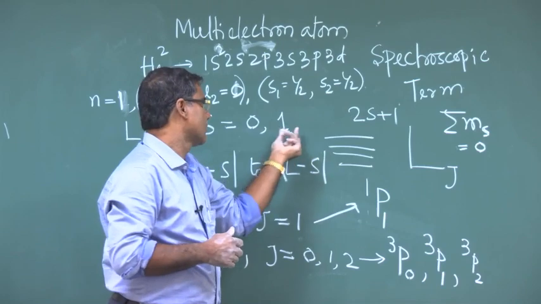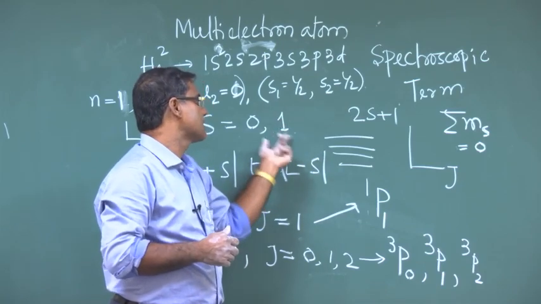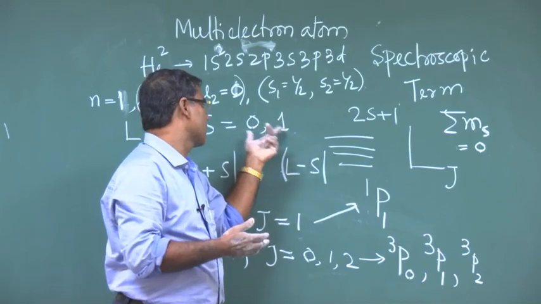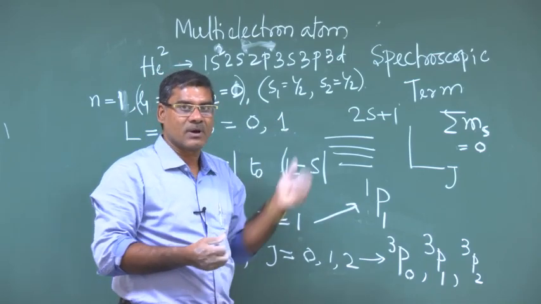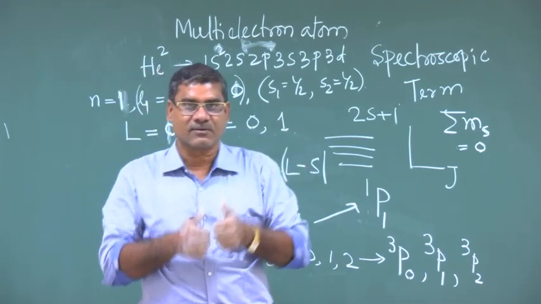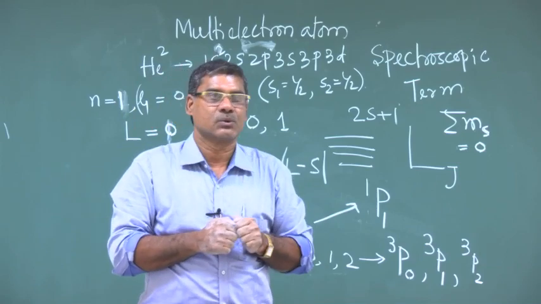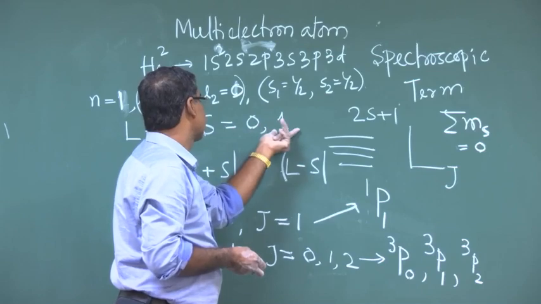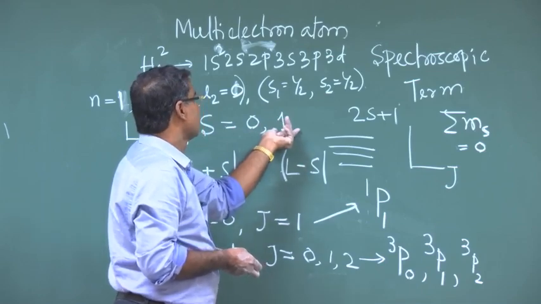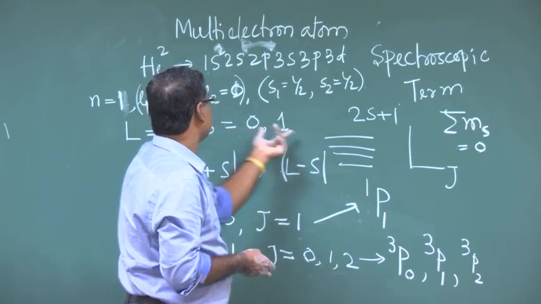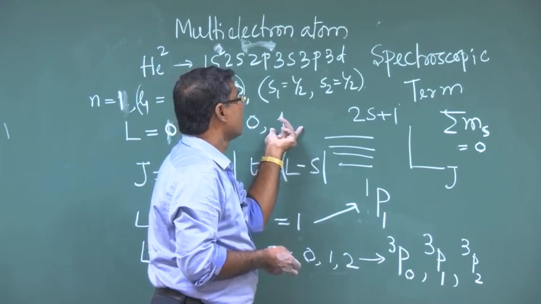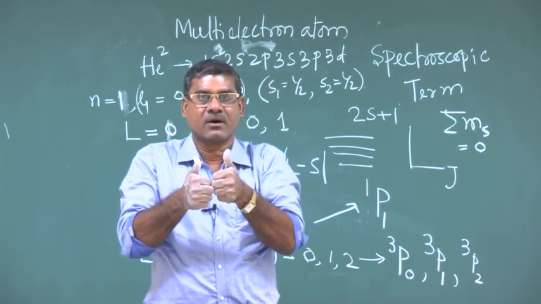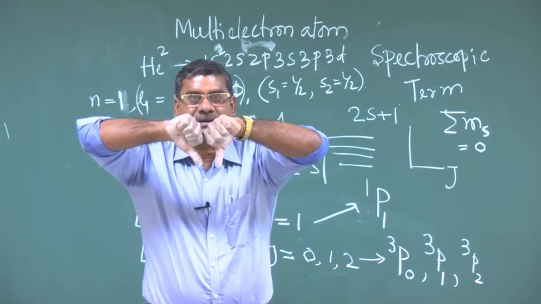This S equal to 1 gives the maximum MS value for the parallel configuration, or both can be in the anti-parallel configuration.